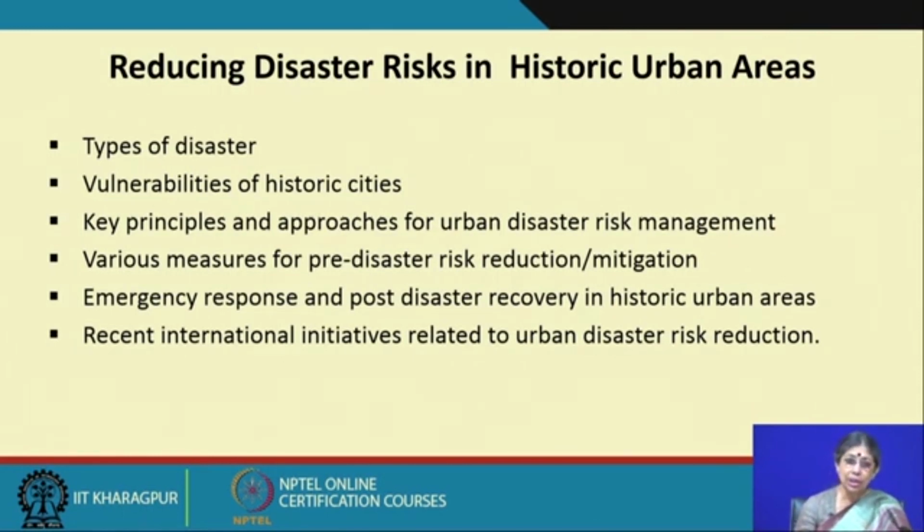So, we will talk about the types of disaster, the vulnerability of the historic cities, the key principles and approaches for urban disaster risk management, and we will also talk about the various measures, where before the disaster can happen, what can be the mitigation or the risk reduction measures, the emergency response and post disaster recovery in the historic urban areas, and some of the recent international initiatives related to urban disaster risk reduction.